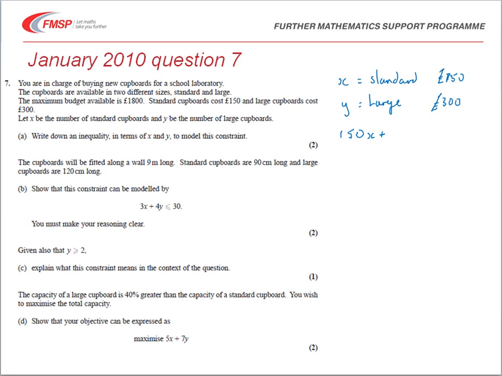The large ones cost £300 each, so 300Y, and that must be less than or equal to our total cost, 1,800. Now that would be sufficient to gain the marks. However, what we tend to do is to simplify this so that this means that X plus 2Y is less than or equal to 12.